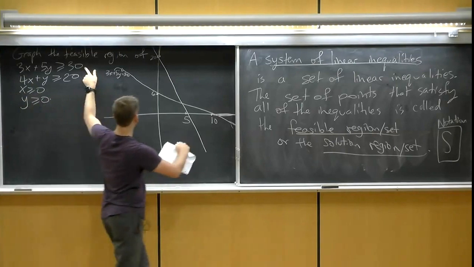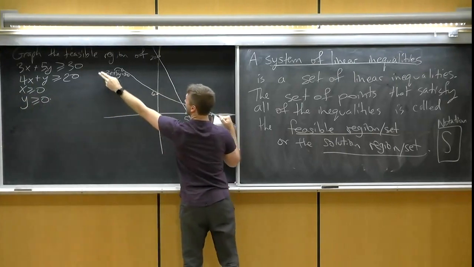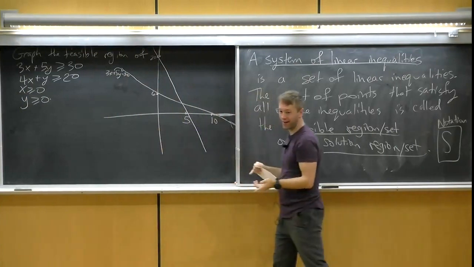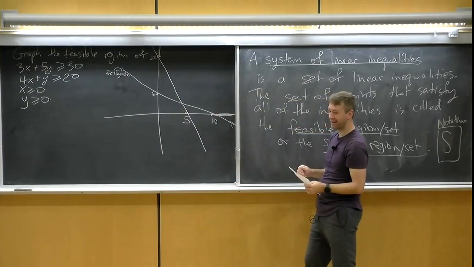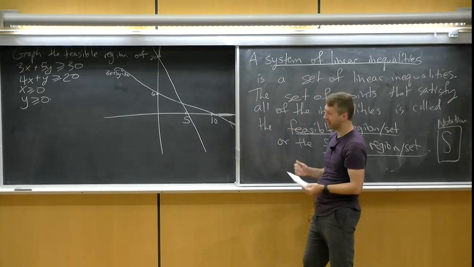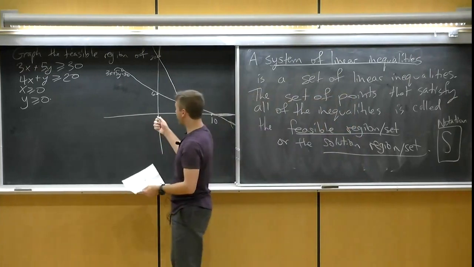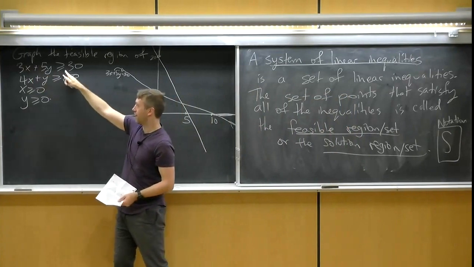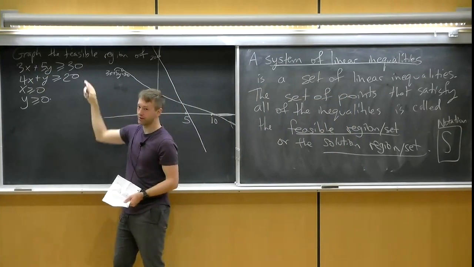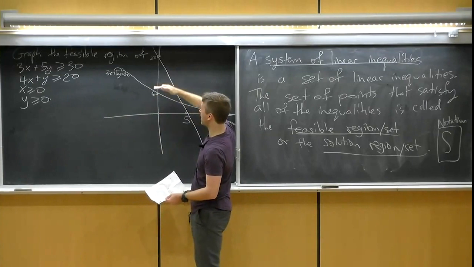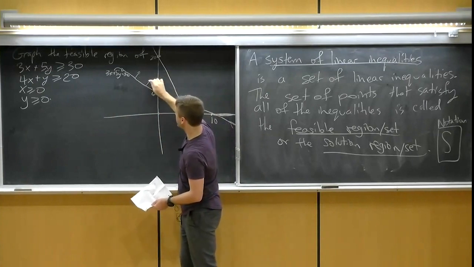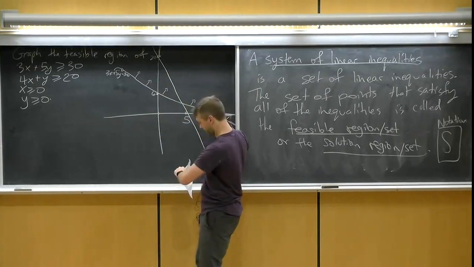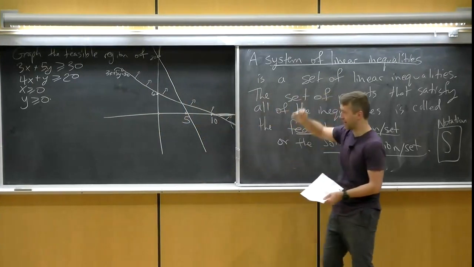Yeah, exactly. We can just plug in the origin. So 0 at least 30 is false. Therefore, you want to shade above the line. So for this one, I'm just going to put arrows here, saying we're shading above the line.